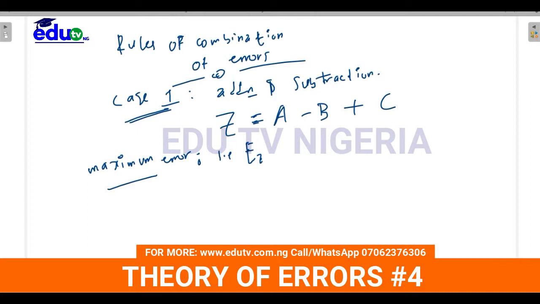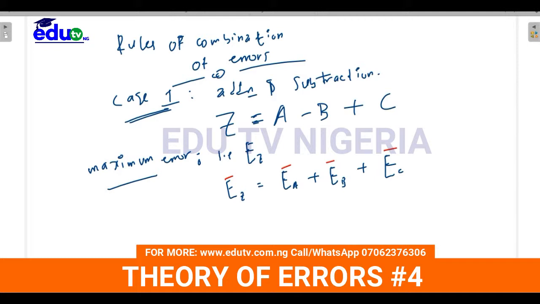We just do error in z equals error in a plus error in b plus error in c. This connotes the errors in a, b, and c. So that's for maximum error.